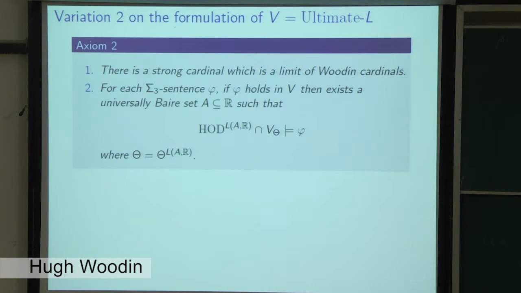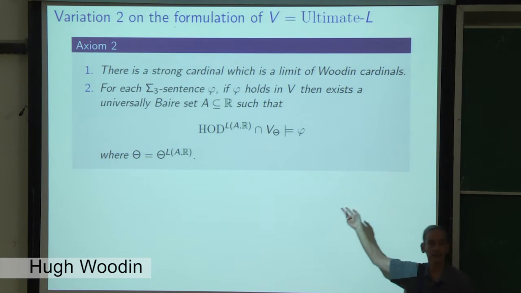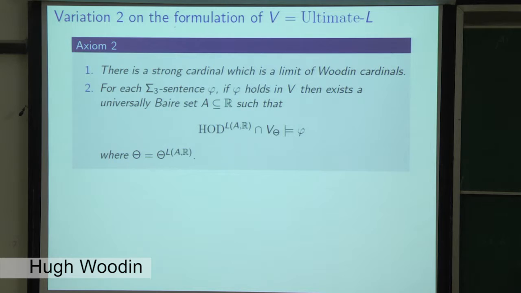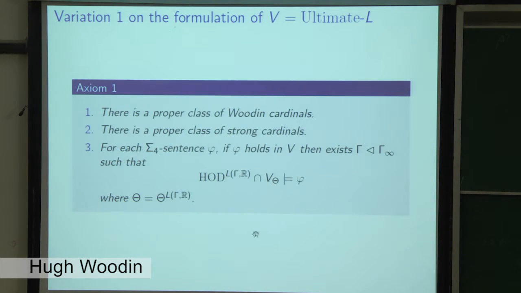But if you can reflect sigma 4 into any HOD cut at theta, then you can always reflect sigma 3 into the simpler HODs of the L of A and R's cut at theta. The point is that the L of A and R is easier to write down. So there are two parameters in these axioms.